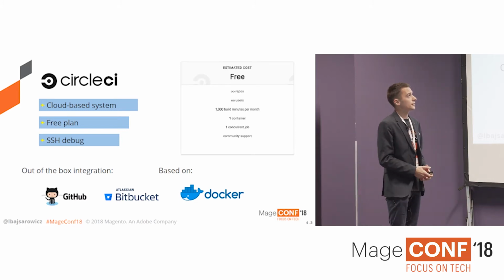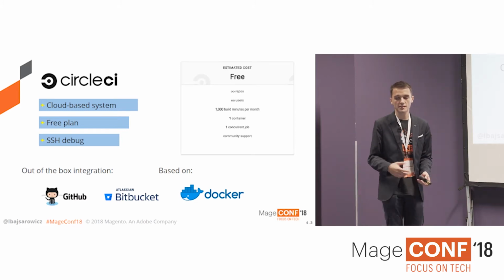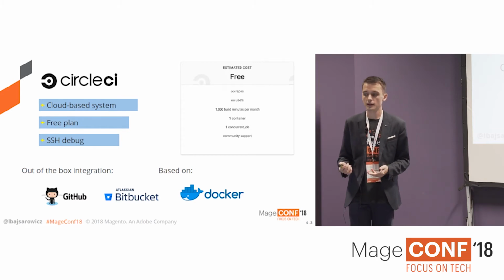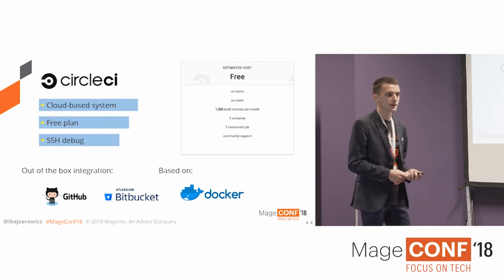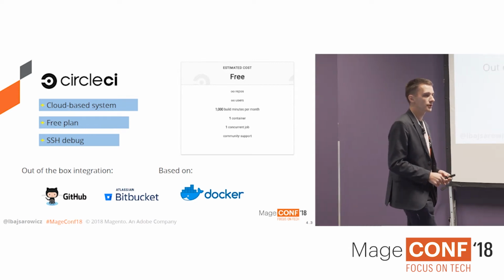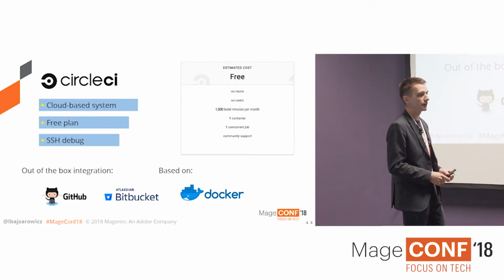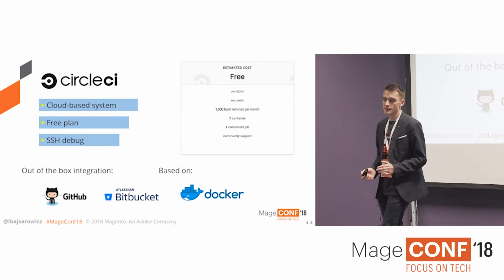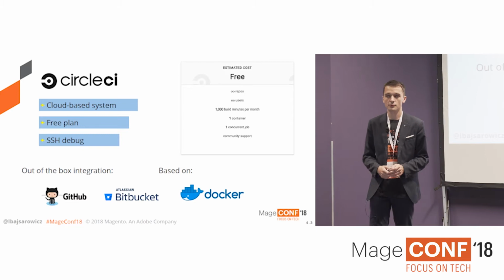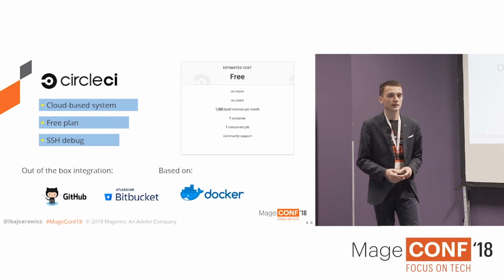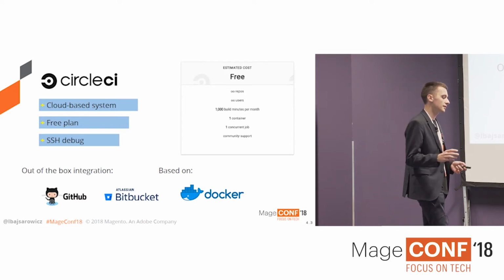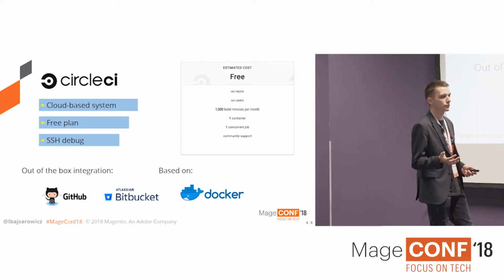And I mentioned that it has a free plan. The free plan supports unlimited repos. It supports unlimited users, so you are not limited by the number of developers on the team. But the only limitation is 1,000 build minutes per month. So if you're running a project and you have multiple checks, it can be a problem.